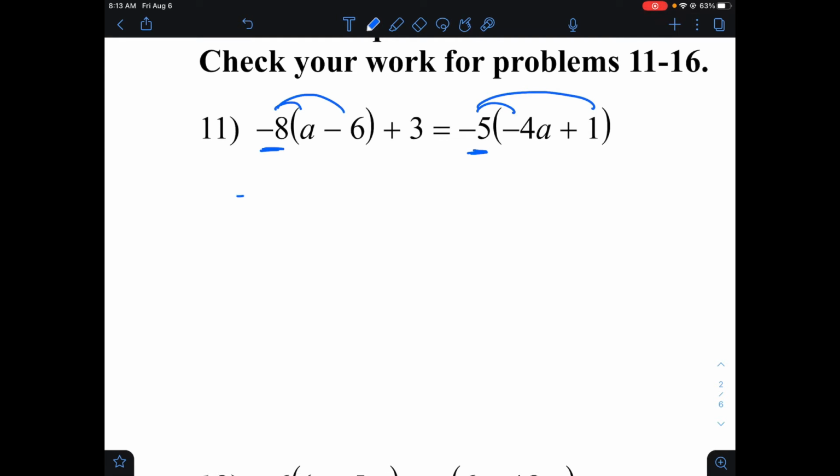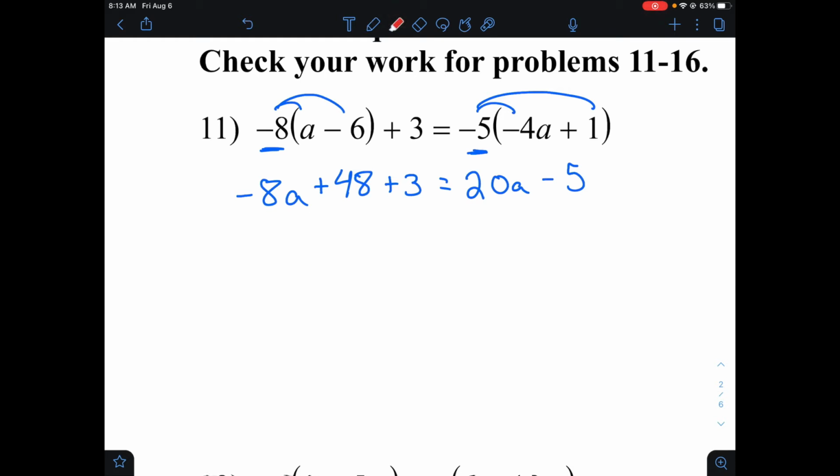There we go. So I end up with negative 8a, and then I'm going to get plus 48 plus 3. And then I get 20a minus 5. So now we do want to get all of the a's on one side and all of the constants on the other.